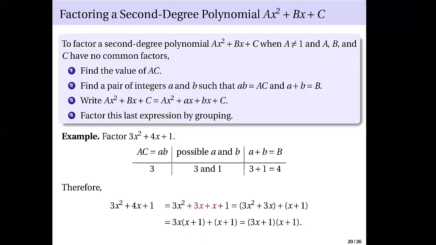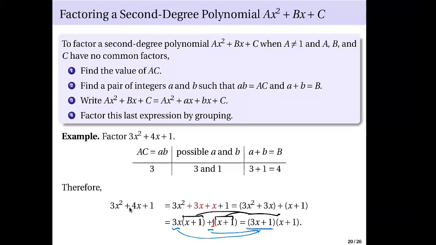So again, this is your 1 here. This part and this part give 3x plus 1, and of course, this part and this part give the other factor.